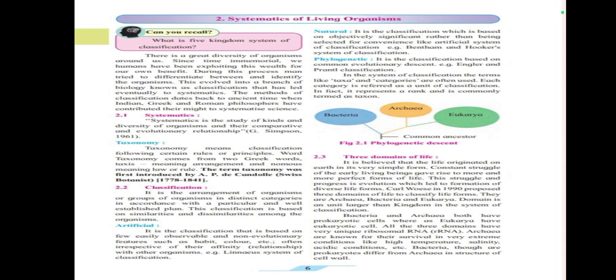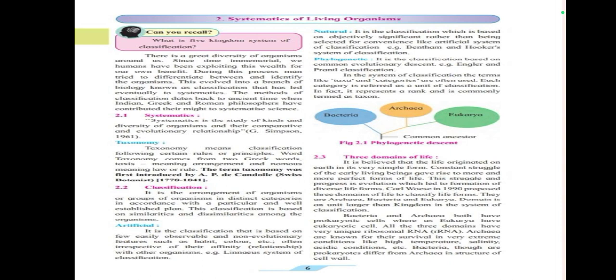It is believed that life originated on Earth in its very simple form. The constant struggle of the early living beings gave rise to more and more perfect forms of life. This struggle and progress in evolution led to the formation of diverse life forms.